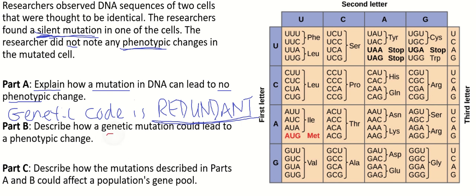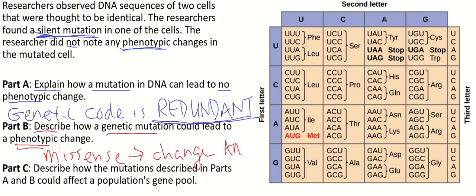All right, part B. Describe how a genetic mutation could lead to a phenotype change. Well, you could pick any other mutation because every other mutation is going to change the phenotype. But don't forget to just describe it. Let's just go with one of them. Missense mutations can change an amino acid, and therefore will change the phenotype.